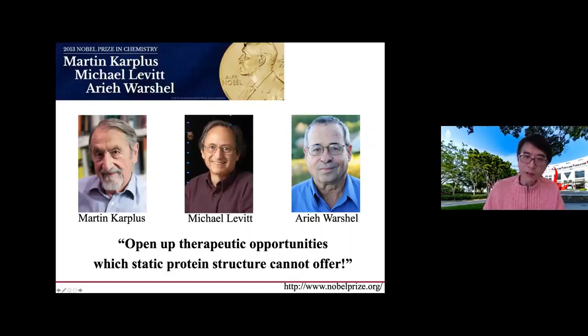The citation says the Nobel Prize was given to these 3 scientists for their contributions to modeling and simulation, or multi-scale modeling, of protein motion. And this opened up therapeutic opportunities which the static protein structure cannot offer. As I talked about, if you consider a movie of the protein motion, it gives you plenty of additional opportunities to uncover drug targets.